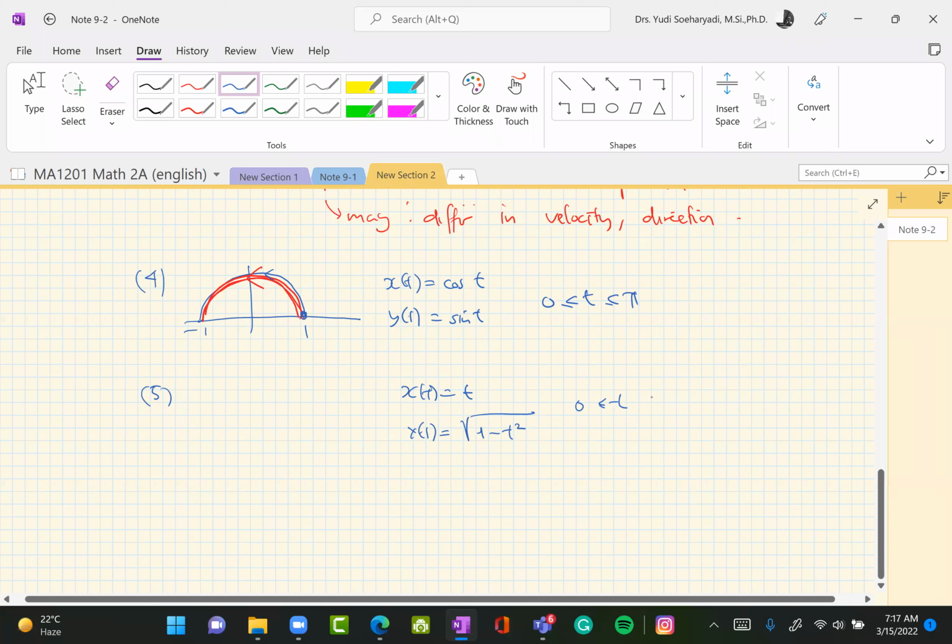And t from 0 to, let's see what you have here. Starting from 1, in this case, 1 to 0. It doesn't match.